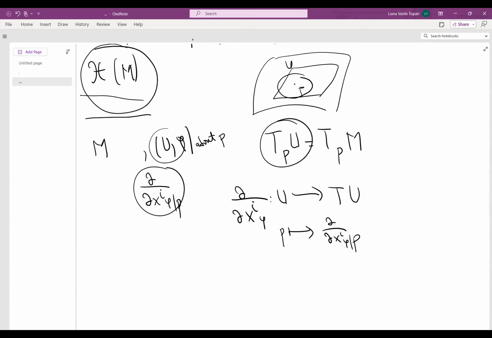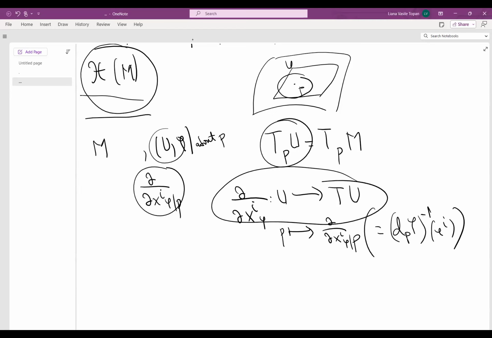This at the point P. Remember, this is simply the differential of the homeomorphism of the chart inverse, right? Applied on the standard vectors, the standard vectors from the basis of Rn, right? So we can see this as a map like this, right? So we are going to say that these functions, right? They are functions.